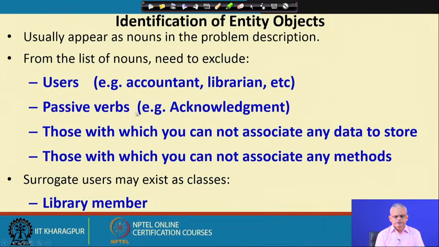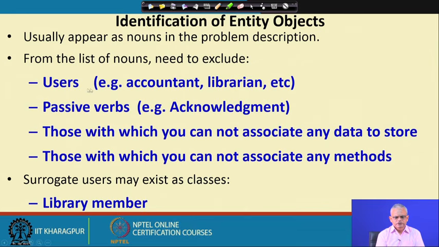The passive verbs also appear like nouns, but they are not really entity objects. So we first eliminate the users and passive verbs, and then we look at the nouns and try to associate some data and methods. If we cannot have a meaningful set of data and a meaningful set of methods associated with the noun, then also we eliminate it.